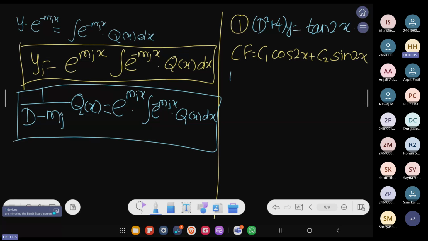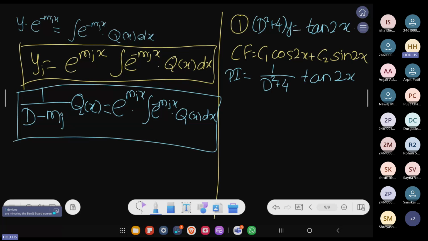Now, calculate my particular integral. I need to go for 1 upon D squared plus 4 times tan 2x. Even if it's a trigonometric function, I can't see it as a simpler trigonometric function like sin and cos. So this time, I have to go for my other roots.